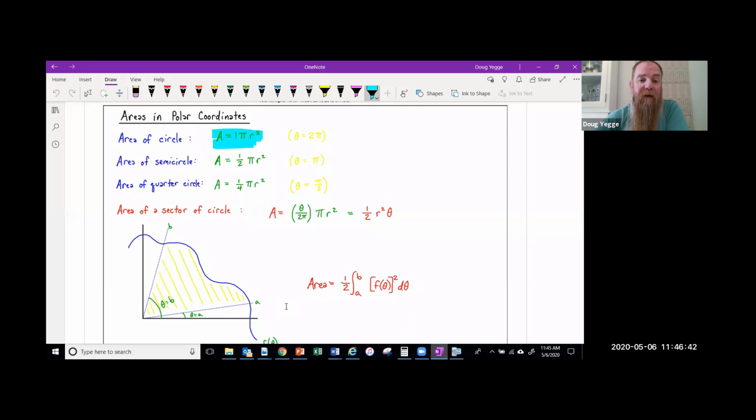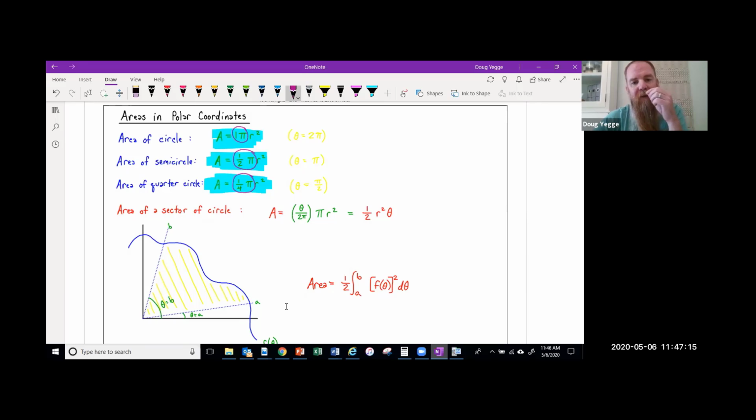If I wanted to find the area of a semicircle, then I just take the area of the circle and cut it in half. If I wanted the area of a quarter circle, I would take the area of a circle and cut it in fourths. But what I'd like you to recognize here is that every one of these has an r squared. But let's focus on the coefficient. The coefficient is pi here, pi over 2 here, pi over 4 here.